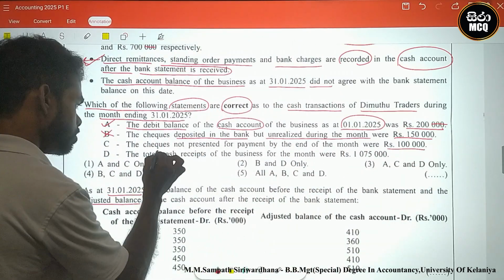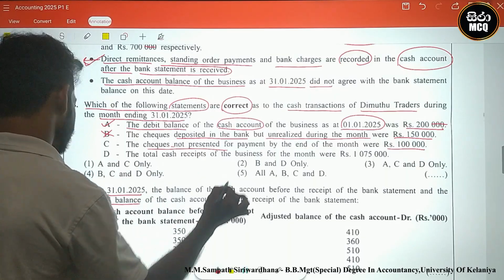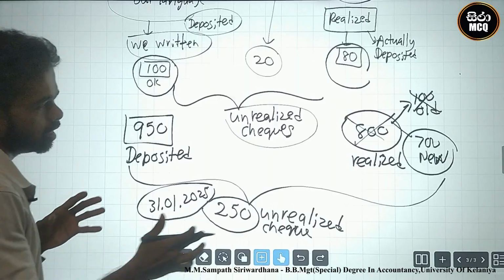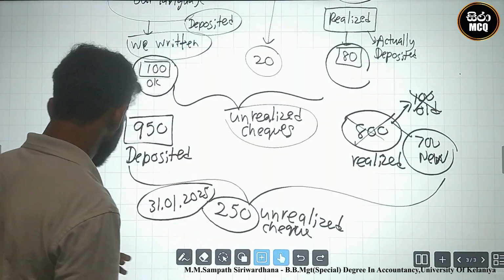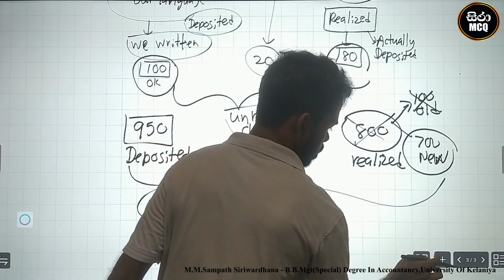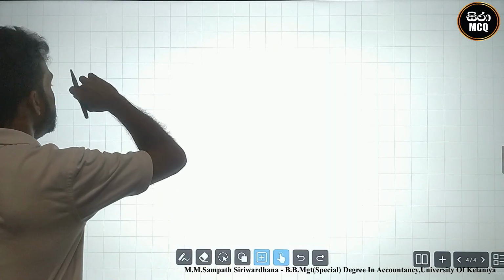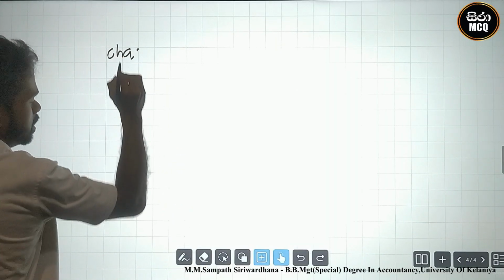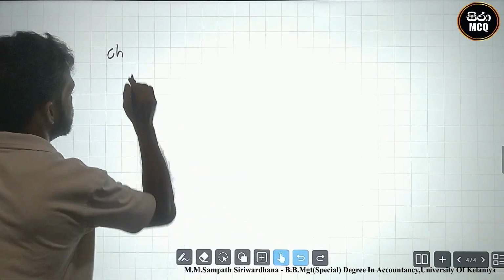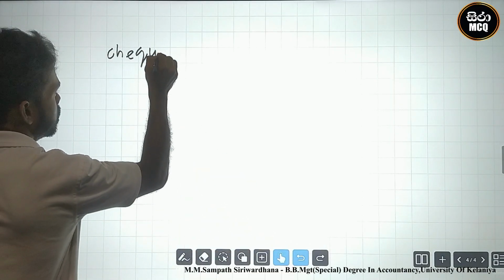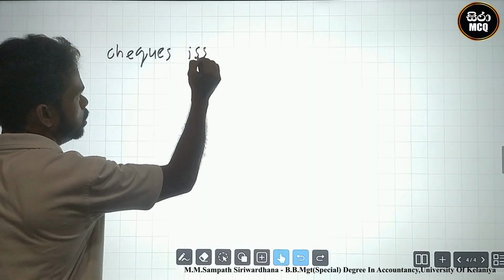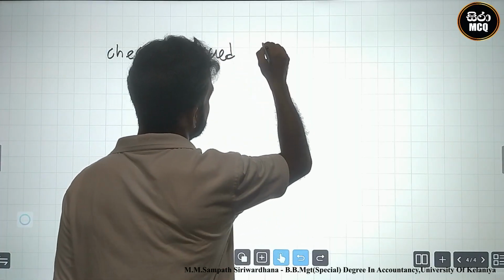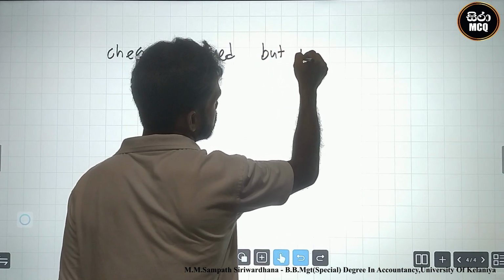Look here, unpresented checks are the same as unrealized checks. This is the paid checks issued. This is the long meaning, issued but not presented.